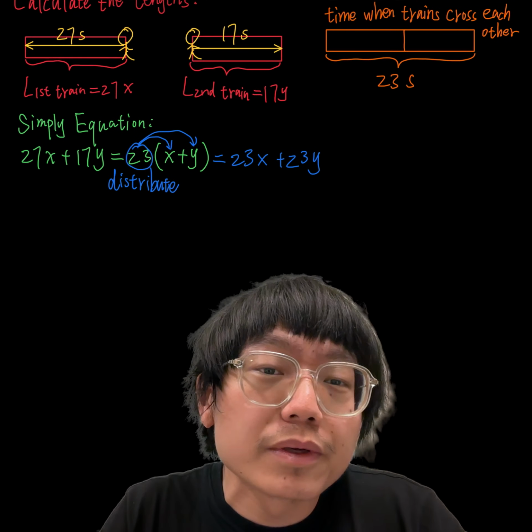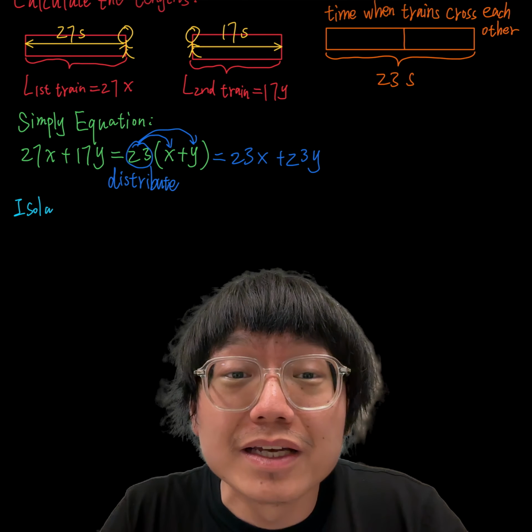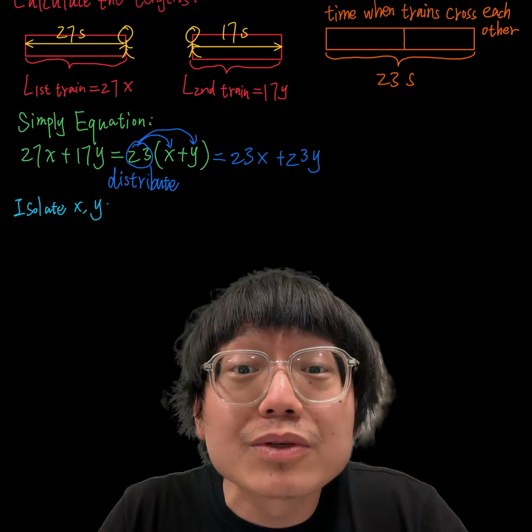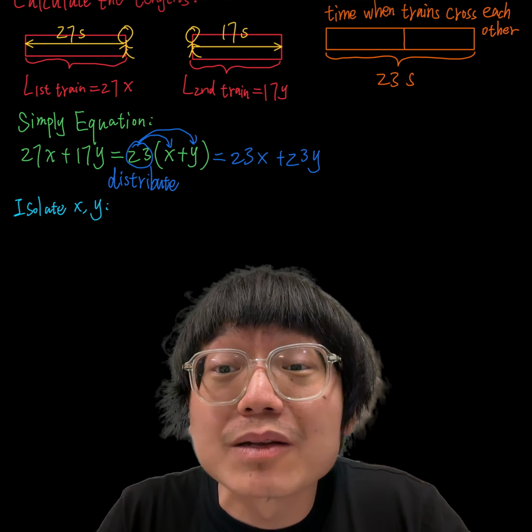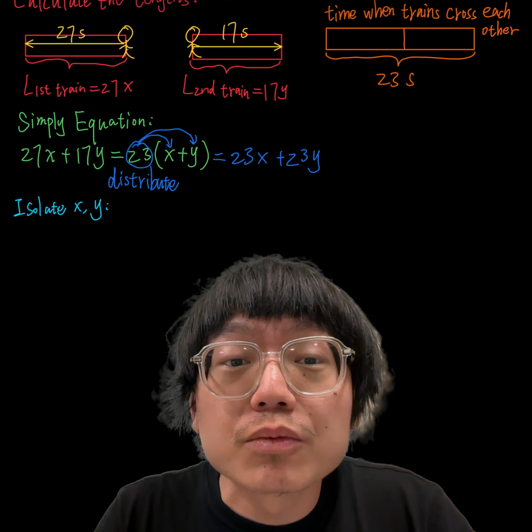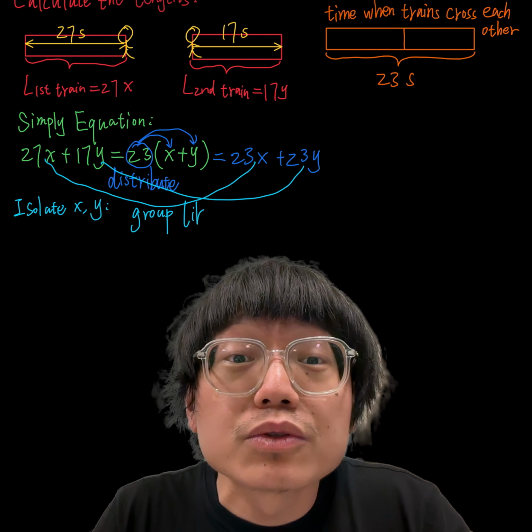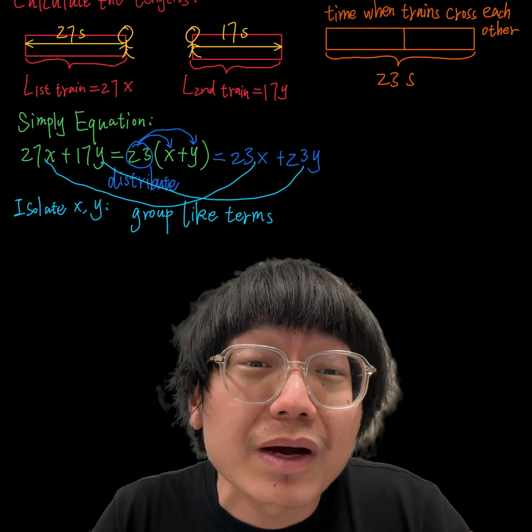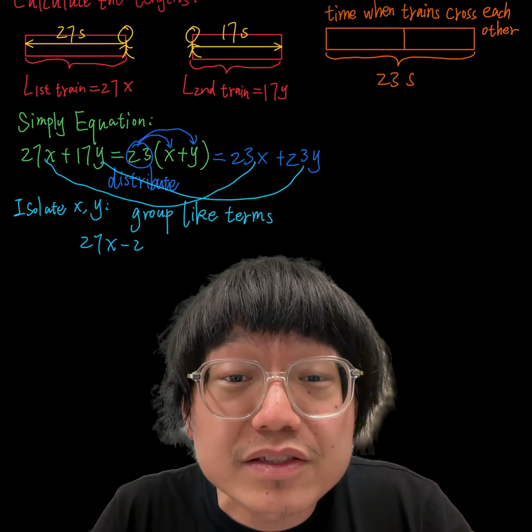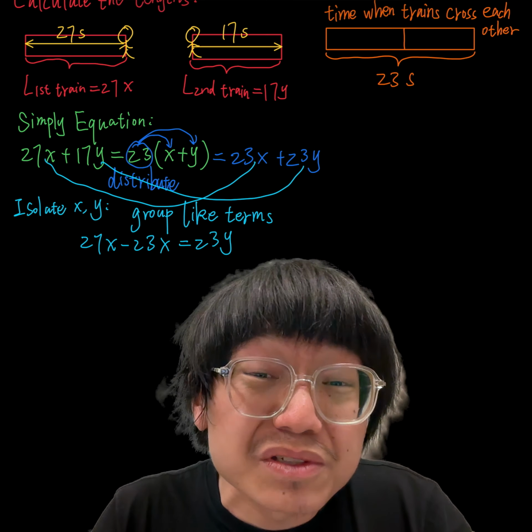In the fifth step, we try to isolate x and y, so we group like terms to isolate x on one side and y on the other side, which is 27x minus 23x equals 23y minus 17y. This can be simplified to 4x equals 6y.